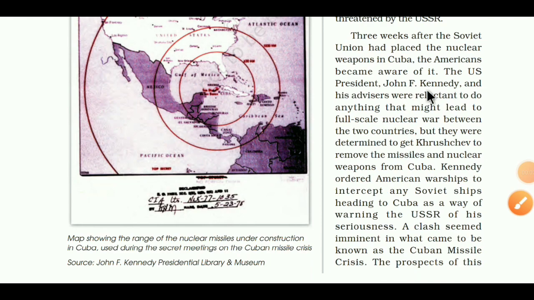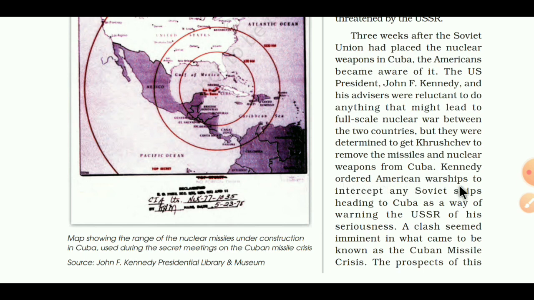And the president of the United States, Kennedy, learned that the USSR had placed nuclear weapons in Cuba. He was reluctant to do anything that might lead to full-scale nuclear war between the two countries, but he was determined to get Khrushchev to remove the missiles and nuclear weapons from Cuba.